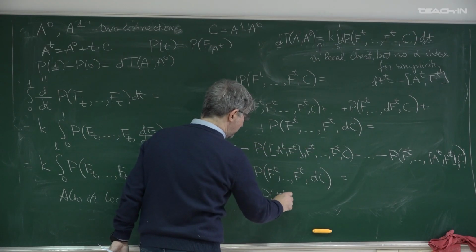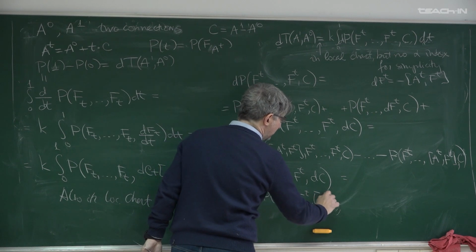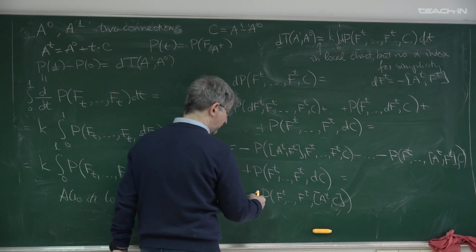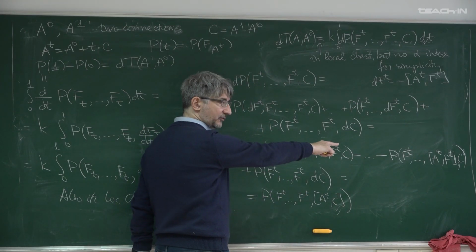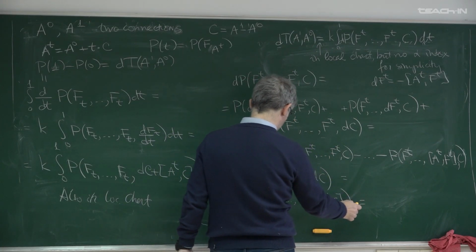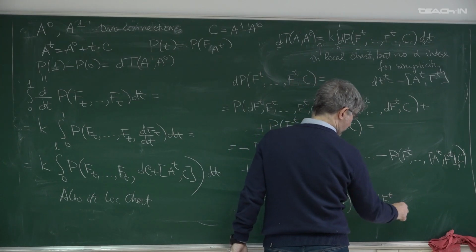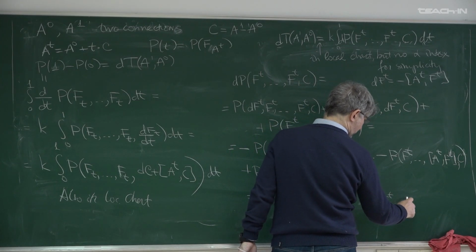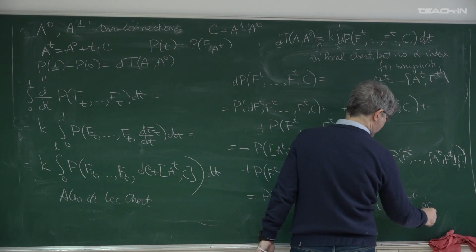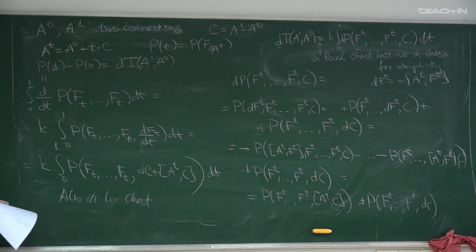What is it? ft, and so on, ft, commutator of at with c. This summand with all the summands in this line together will give 0 by Lemma nu. Plus p of ft, ft, and dc. Miracle.